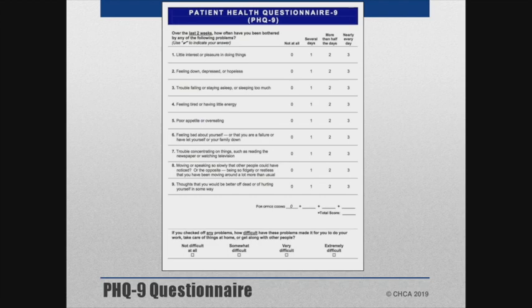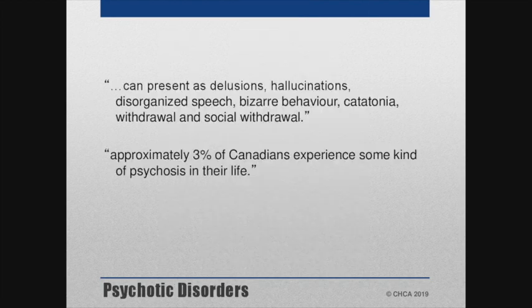The vertical are the different symptoms, for example, feeling little interest or pleasure in doing things, and along the horizontal, classifying it as not at all, several days, more than half the days, or nearly every day. This can be calculated and identified as mild, moderate, or severe. And as I mentioned before, if they're moderate or severe, consultation should ensue and the patient should be followed up more closely.